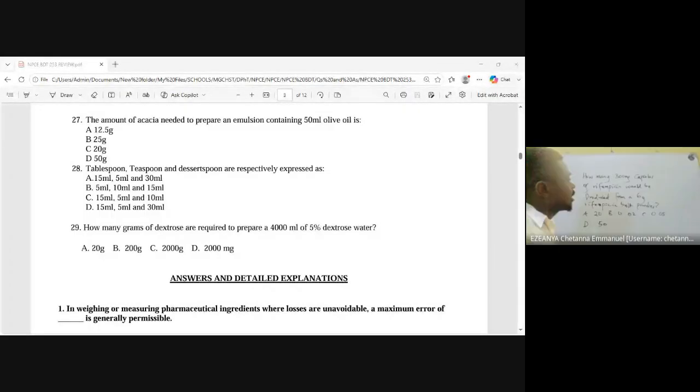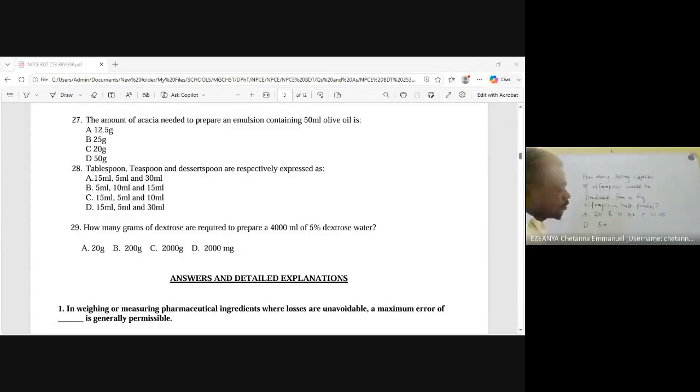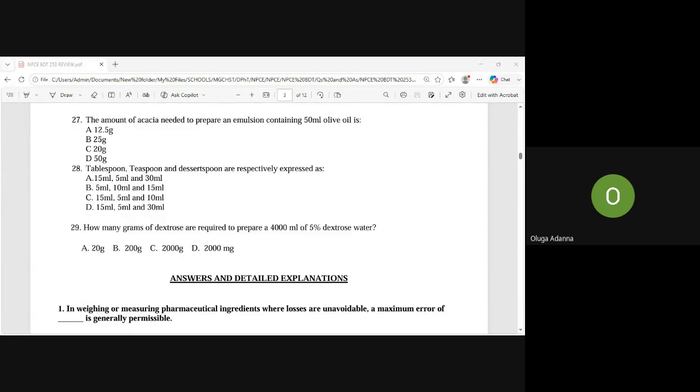How did you get 20? They said how many 300 milligram capsules of rifampicin will be produced from a 6-gram bulk. First of all, you convert this 6 gram to milligram. 1 gram is equal to 1,000 milligrams, so 6 gram will give us 6,000 milligram.